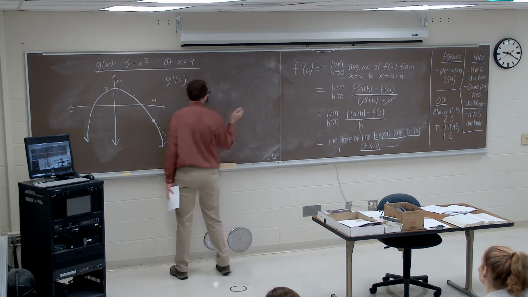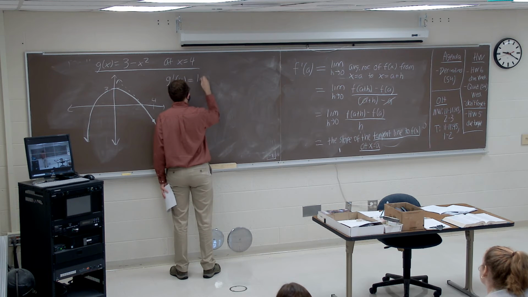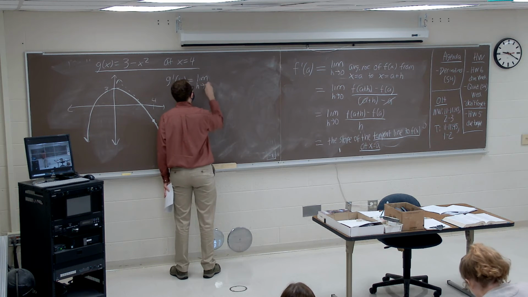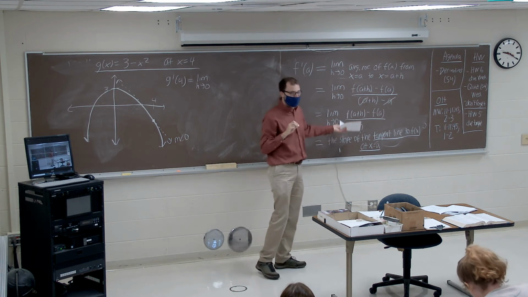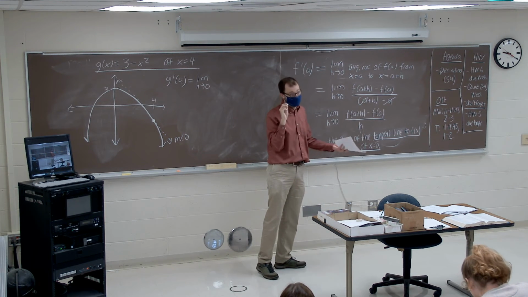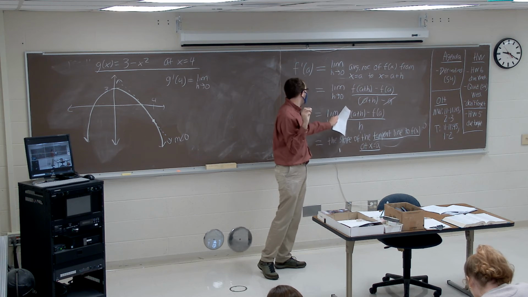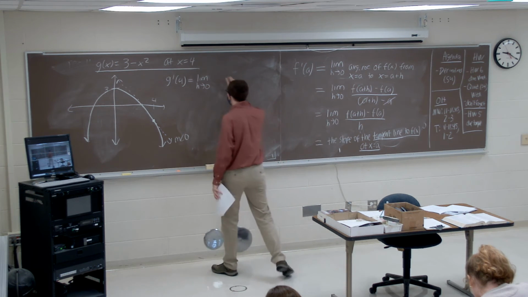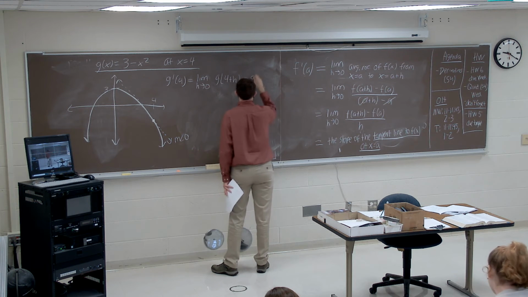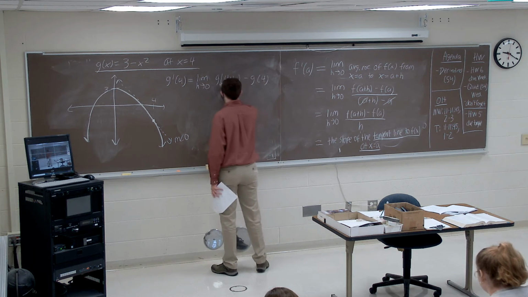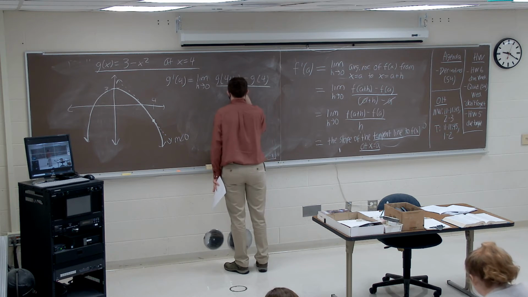So by the definition, g prime of 4 is going to be a limit as h goes to 0 of, let's see, we're replacing f with g since g is the new name of our function. g of a plus h, so g of, in this case, 4 plus h, minus g of 4, all divided by h.